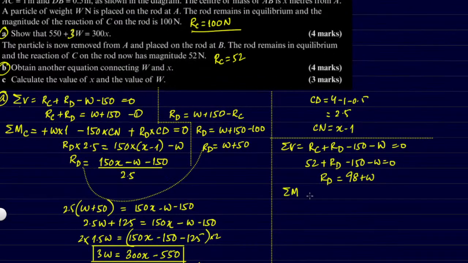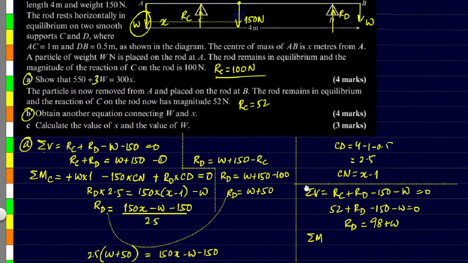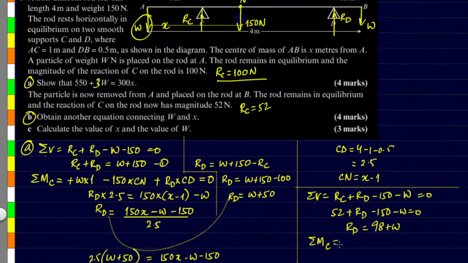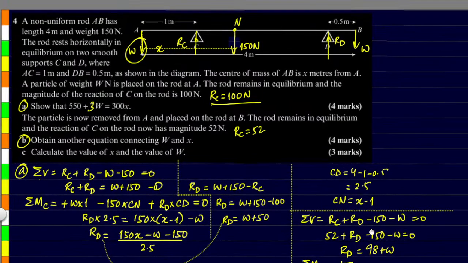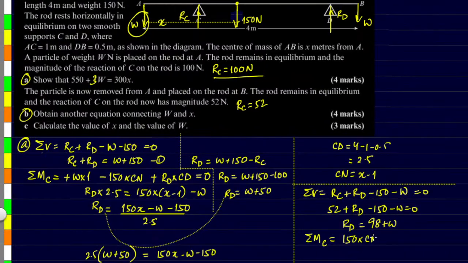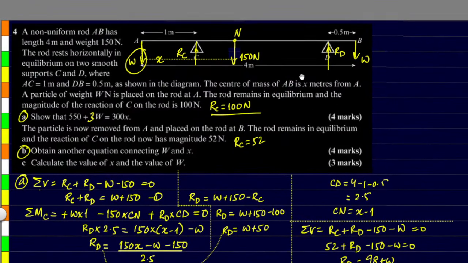Then take sigma M. Which point? About C point again. So 150 into Cn. This is clockwise, so minus. Then RD into CD.